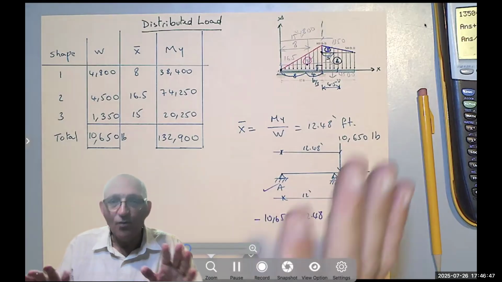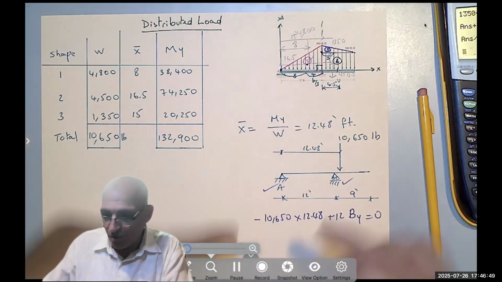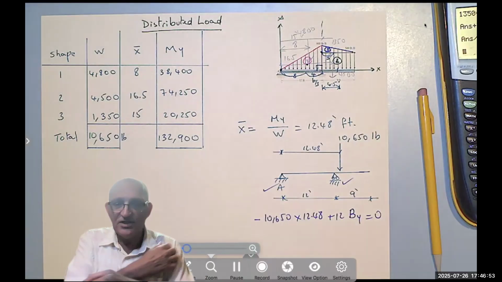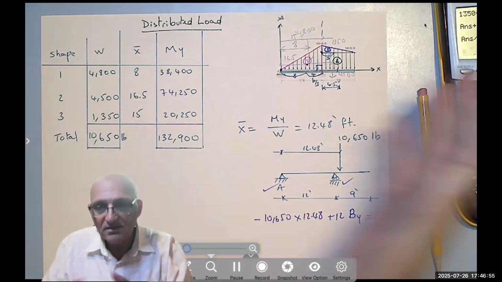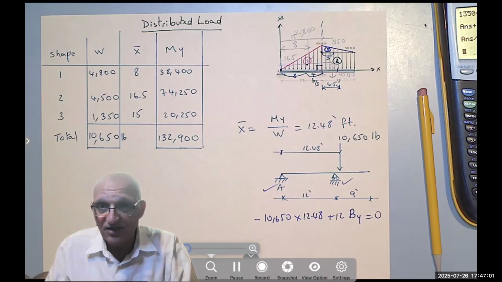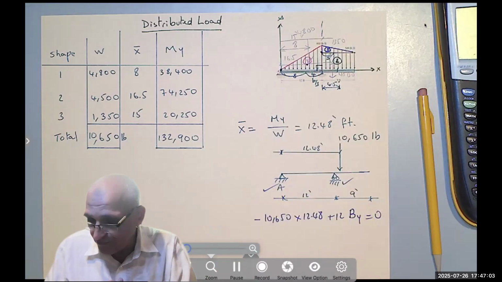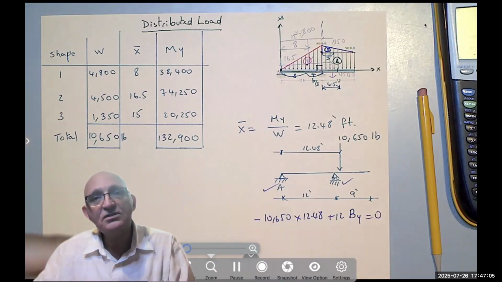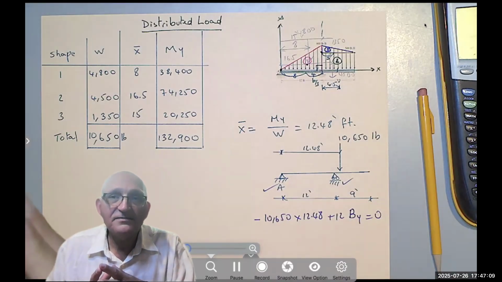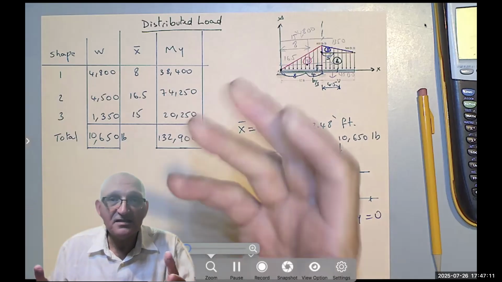But that's it. Once I find the reactions, I go back to the original thing and then see how, when you learn it, you find the other types of forces like shearing forces, bending moment diagrams, and normal forces if there are any. And that allows you, a step later, to find the stresses in the member.